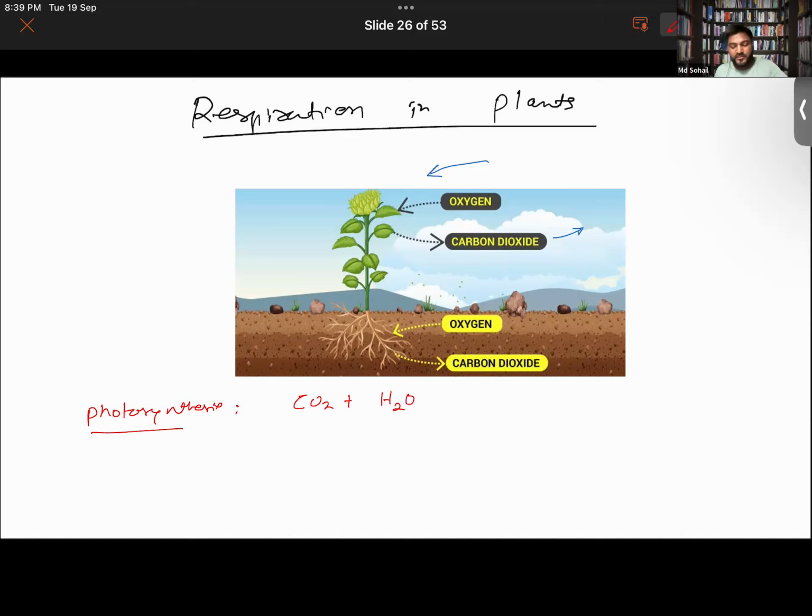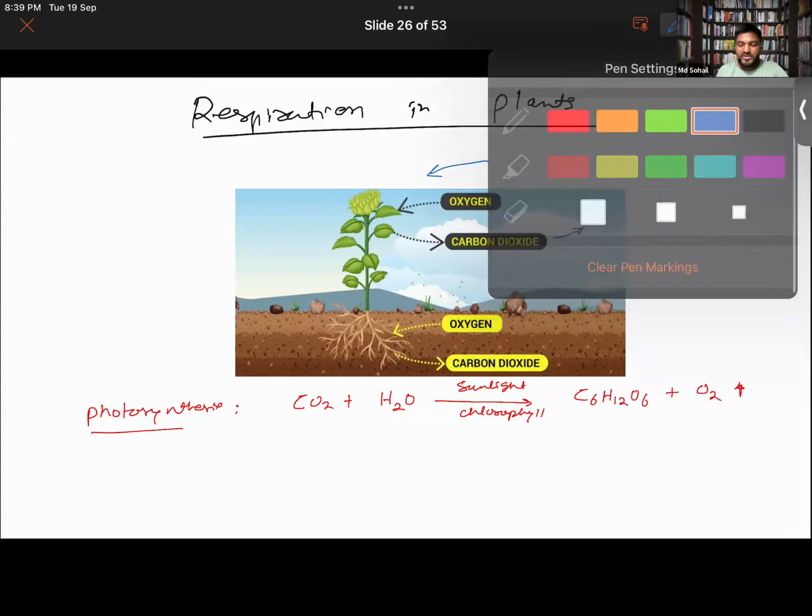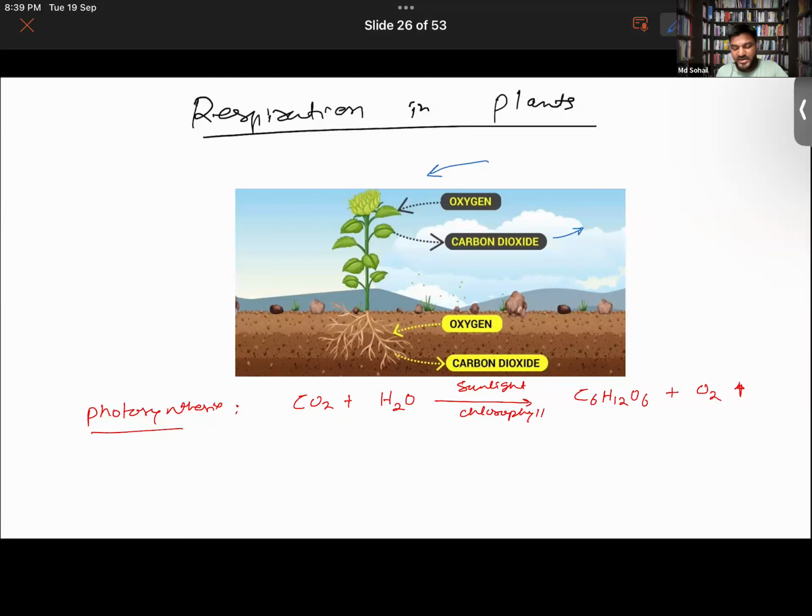In the presence of sunlight, in the chlorophyll of the plant, the process occurs and glucose, C6H12O6, is formed. Apart from that, oxygen is also released. Sunlight is present only during the daytime, hence the plant performs photosynthesis during the daytime only.